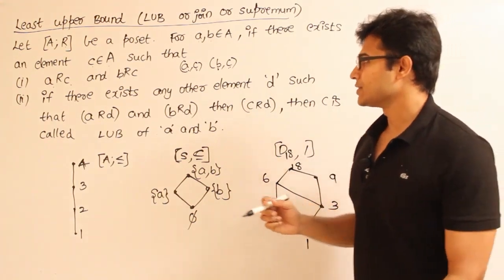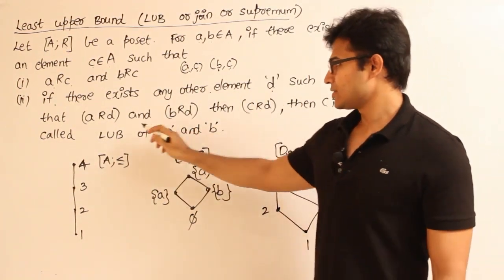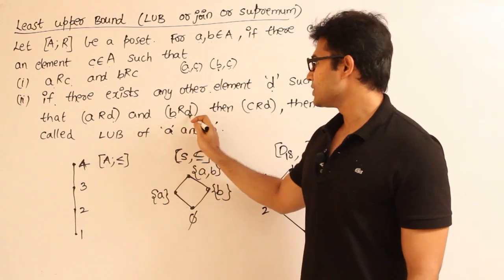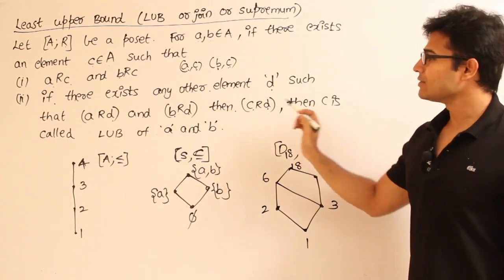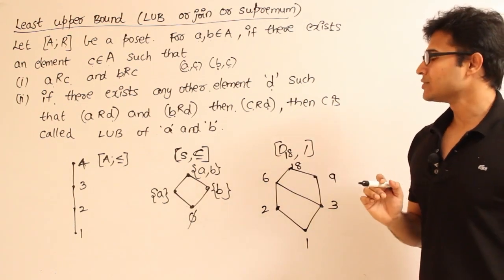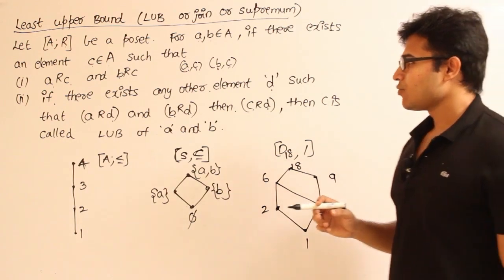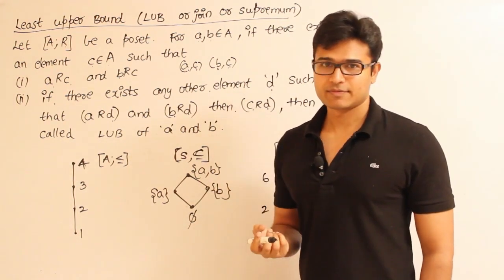So, for that reason, see this. Now, if there exists any other element D such that A is related to D and B is related to D, then C should be related to D. Then C is called the least upper bound of A and B. The meaning of this is, in case you have more than one element related, then you take the lower of them, right?